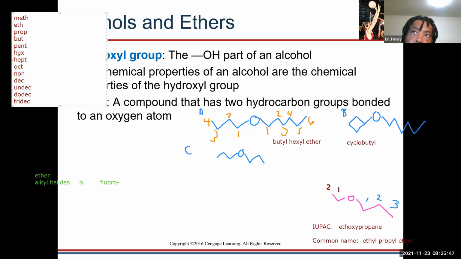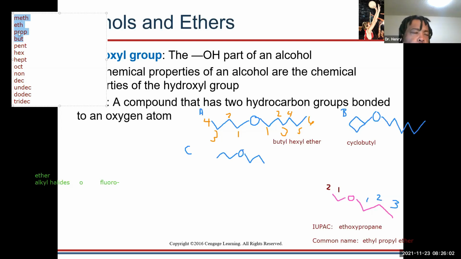Okay, so these here are all Greek prefixes, right? So we're used to those, but the first 4 aren't. So you want to remember that.